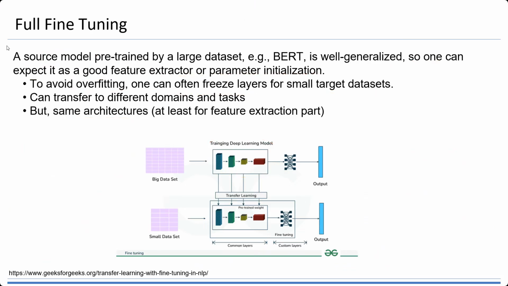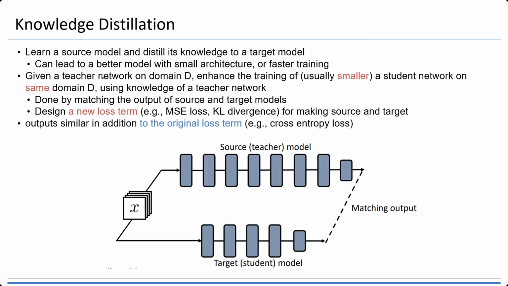You learn about full fine tuning, and you also learn about knowledge distillation. Knowledge distillation means we have a big model, or we call it the teacher model, or the source. And the teacher, who has high knowledge, will transfer to the student model.